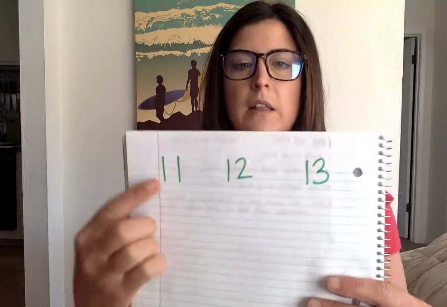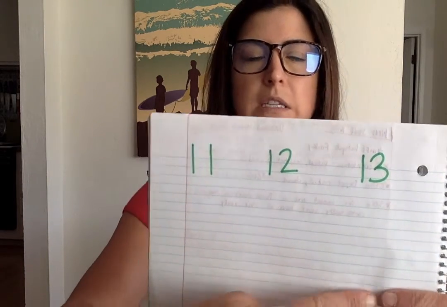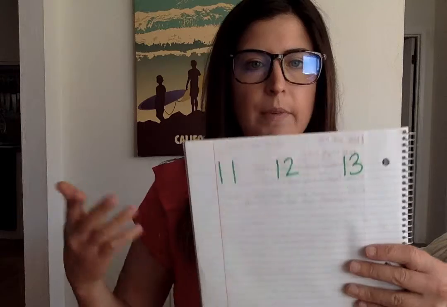It's good practice to write the numbers anyway, like 11, 12, 13, 14, 15, 16, 17, 18, 19, and I would just include 20. And then you could just cut them apart, and you've got yourself a stack of cards. And then you can play any math game that we used to play in Room 5 with those, okay? All right, have fun.